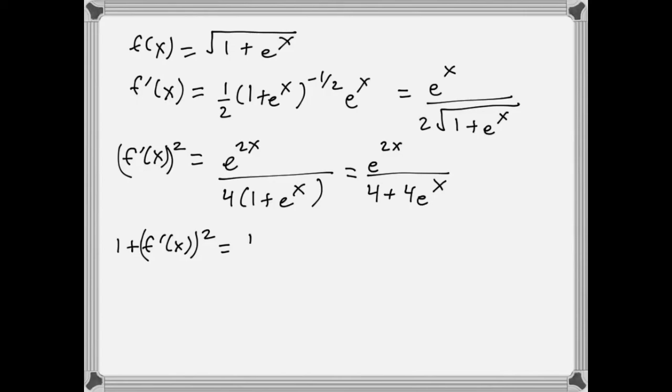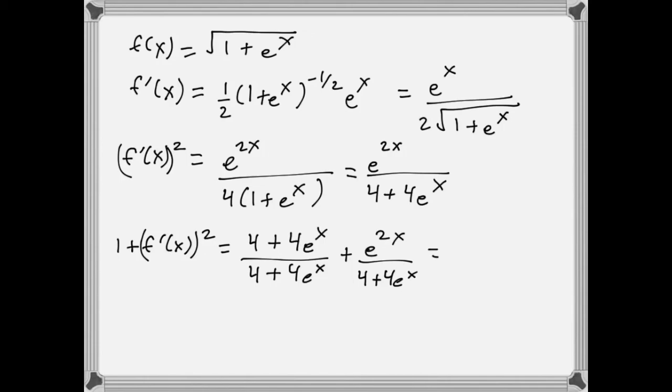So I need to create a fraction with the lowest common denominator. So if you add these two fractions together, writing it in descending order, you get e to the 2x plus 4e to the x plus 4 over 4 plus 4e to the x.